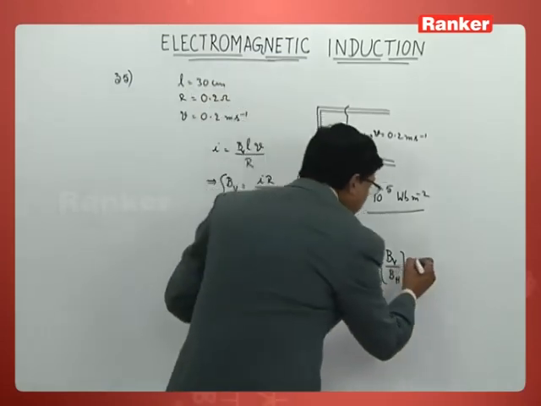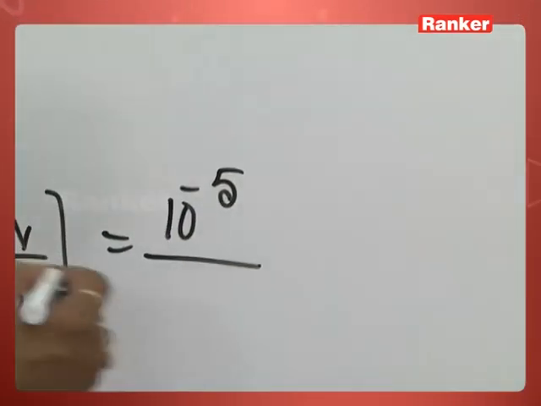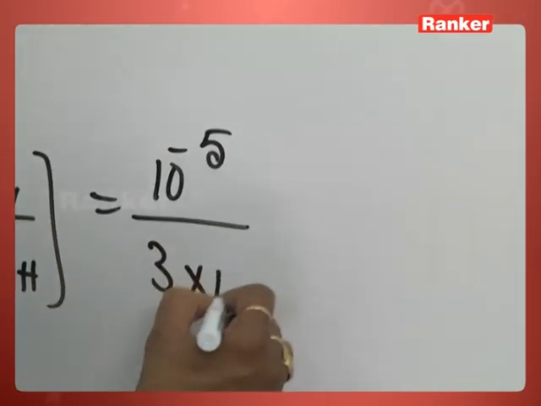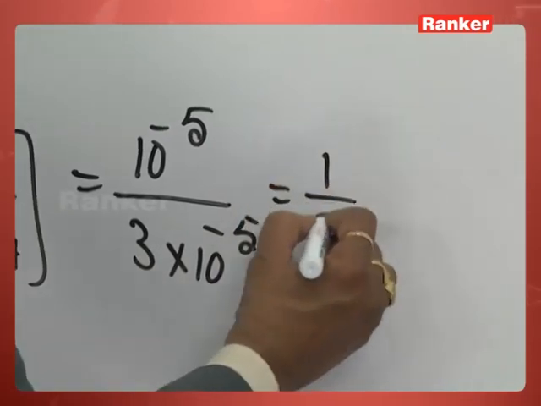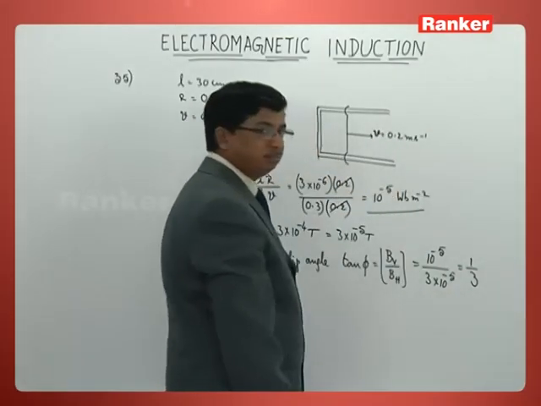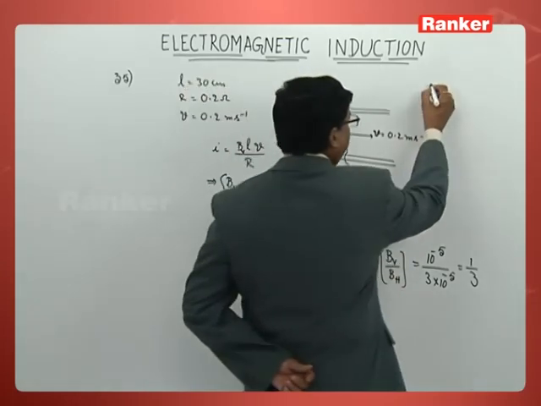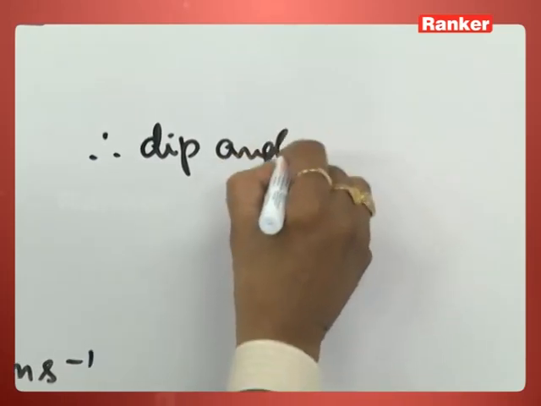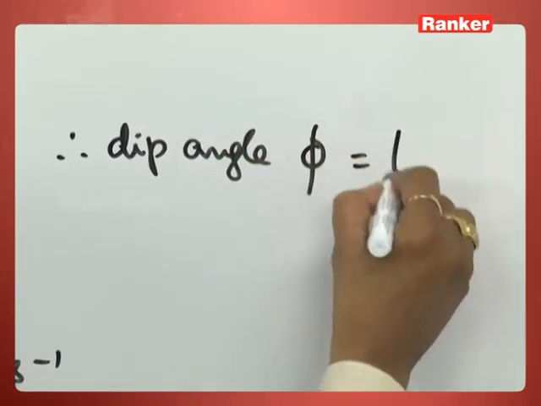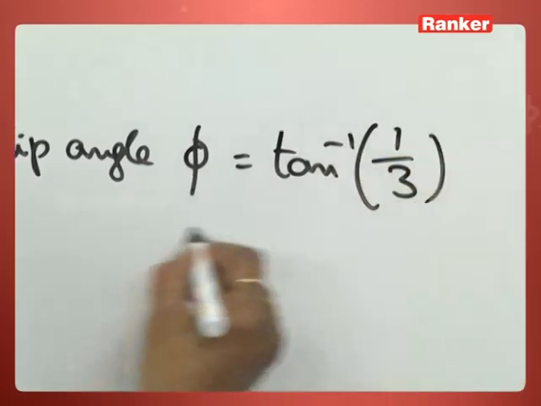It is 10^-5. What is the horizontal component? He has given 3 × 10^-5. Now is it not simply 1 over 3? So when this value is 1 by 3, directly we can understand the dip angle phi in this particular case is tan inverse 1 by 3 as such.